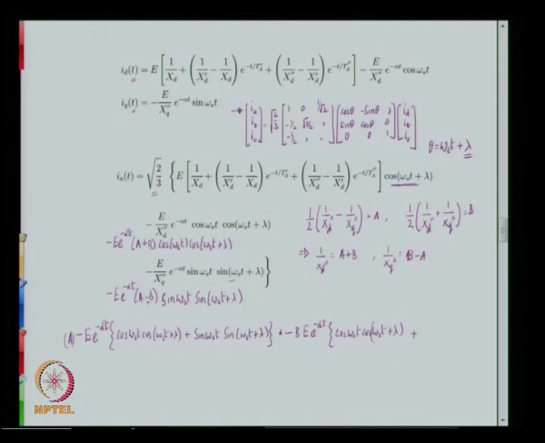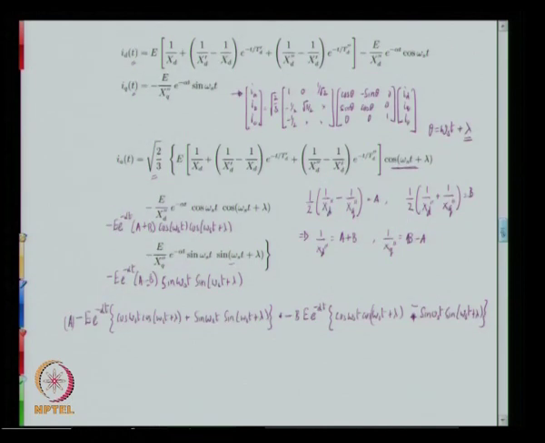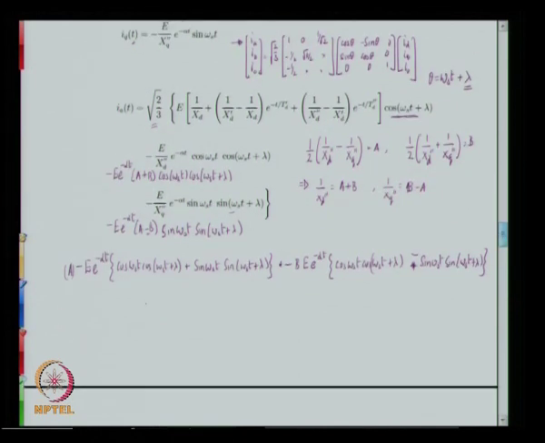Take the minus sign, so this is really plus, so this is minus here, sin omega st sin omega st plus lambda, and this can then be simplified.